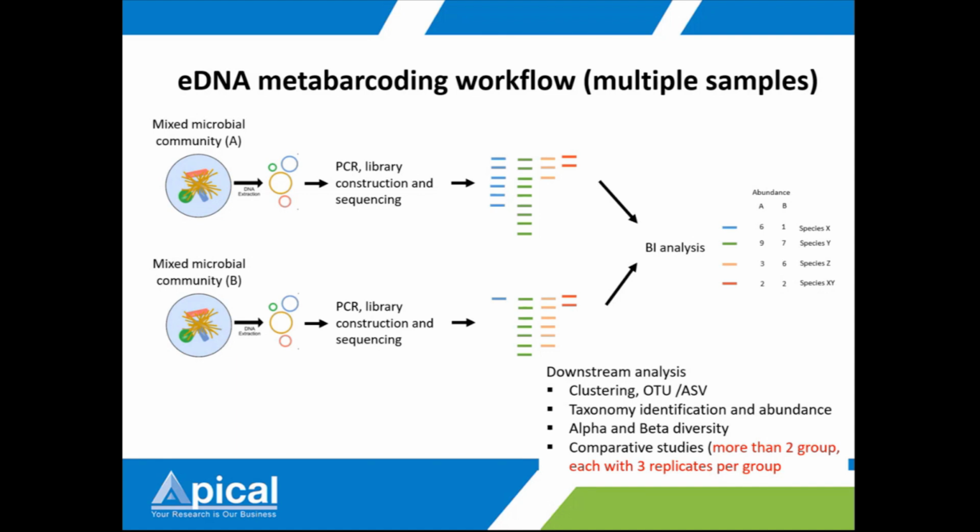And each group must have replicates. For example, from the January to June samples, each group needs three replicates, so in total six samples. Then you will be able to get the comparative study results.